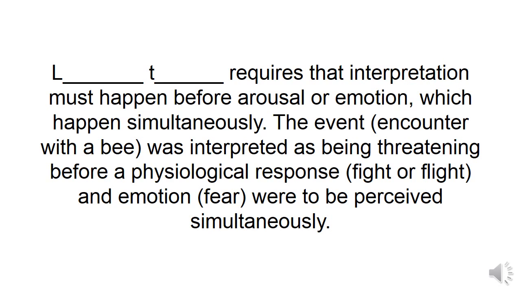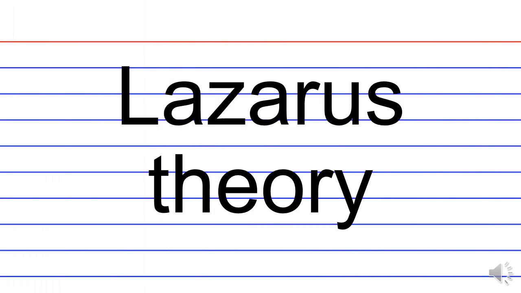That would mean the sympathetic system, fight or flight, and simultaneously the emotion, fear, would be perceived. So what is this phenomenon? And it's specifically related to the sequence of events and emotional experiences. That would be Lazarus theory. So Lazarus theory.